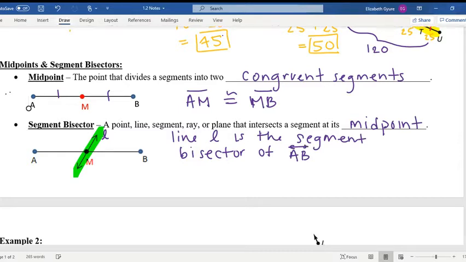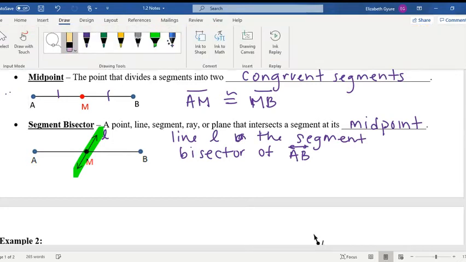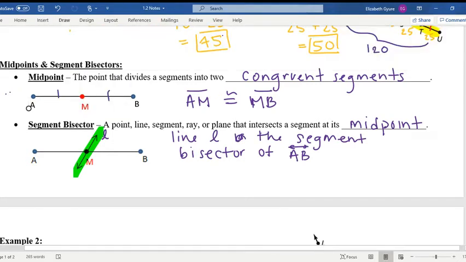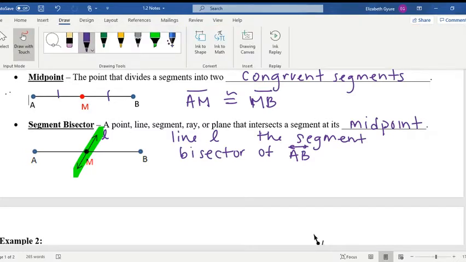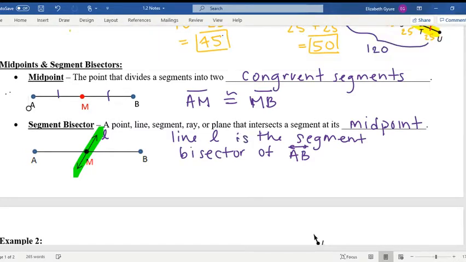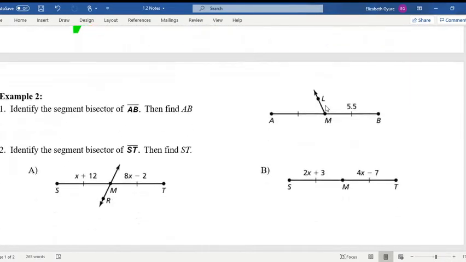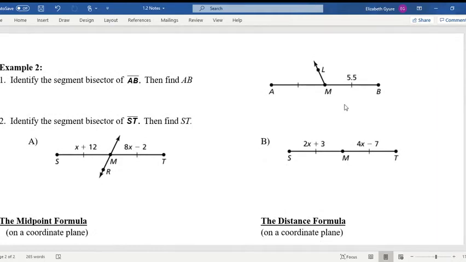Okay. Handwriting got a little sloppy there. This isn't the best stylus. So line L is the segment bisector of line AB because it goes through its midpoint. So let's look at some examples with that.